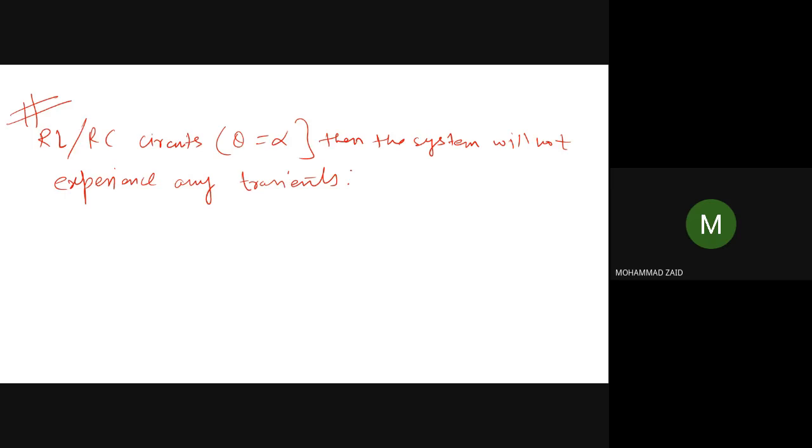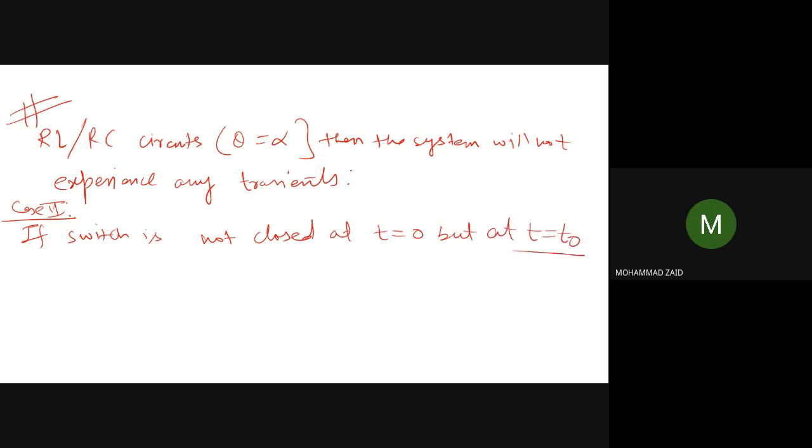Another case which we can also say, case 2: if the switch is not closed at t equal to 0, but at t equal to t naught. We have just now assumed that the switch was closed at t equal to 0, so at t equal to 0 plus, the inductor current should also remain 0 if it was earlier 0.